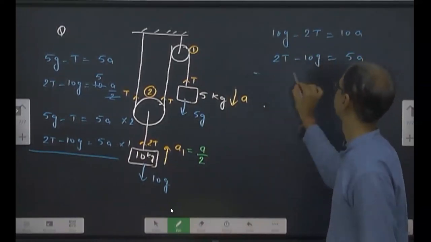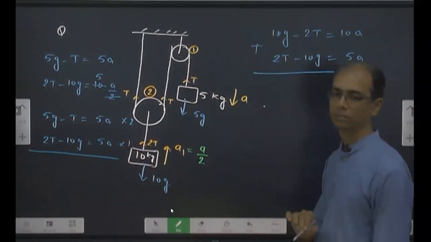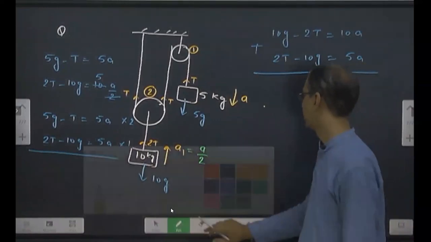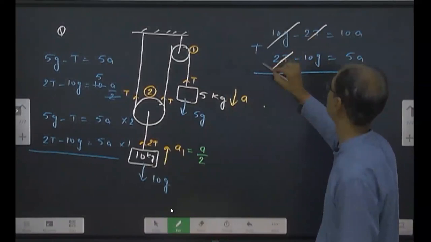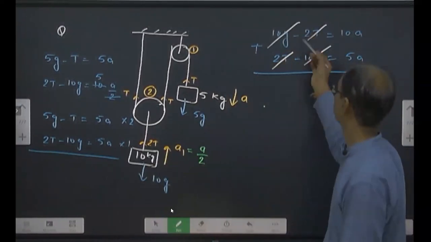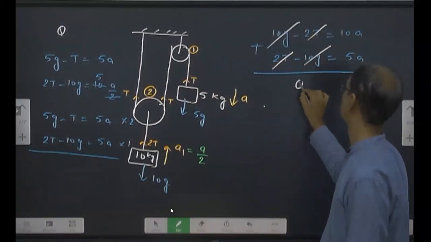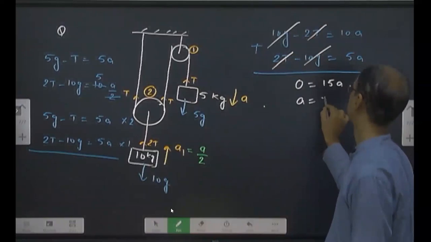I'm going to add. So when you are adding it, you see that tension is getting cancelled. This is 2t and this is 2t, but at the same time, 10g is also cancelled. 10g minus 10g, 2t minus 2t. So that means 0 equal to 15a. That means acceleration is 0. It's not moving.